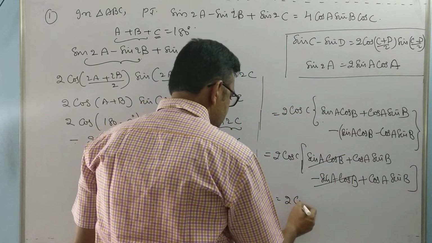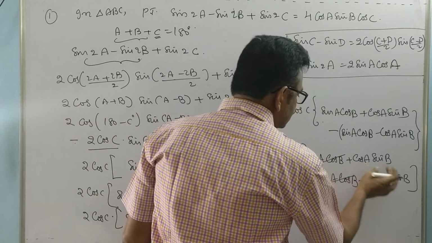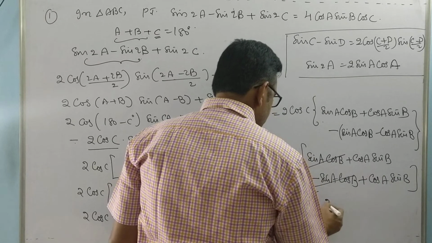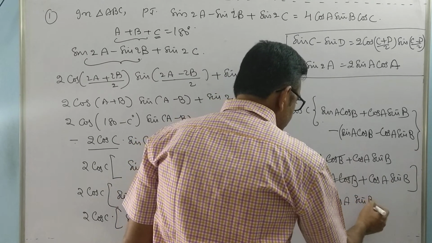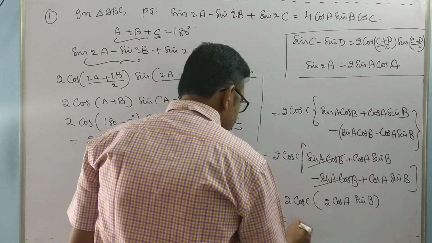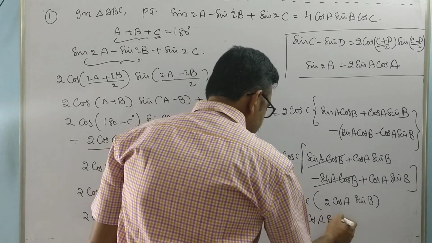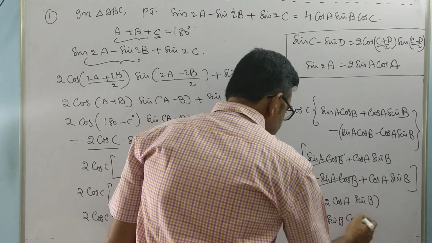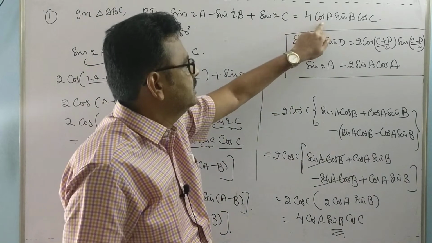That is 2 cos C into cos A sin B, 2 times cos A sin B. That is equal to 2 2s are 4, 4 cos A sin B cos C. Okay, which is equal to RHS.